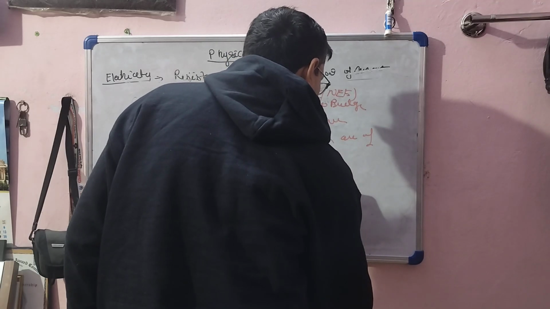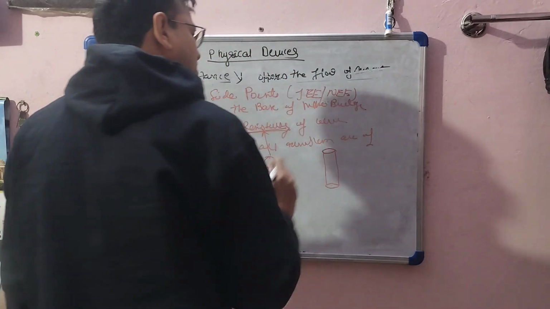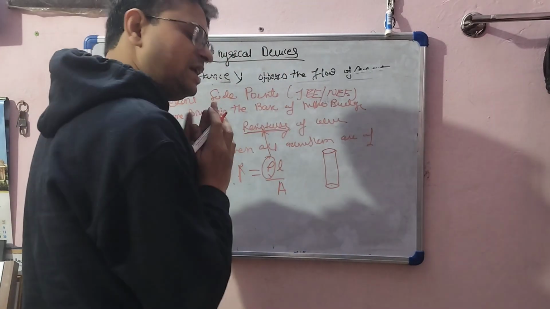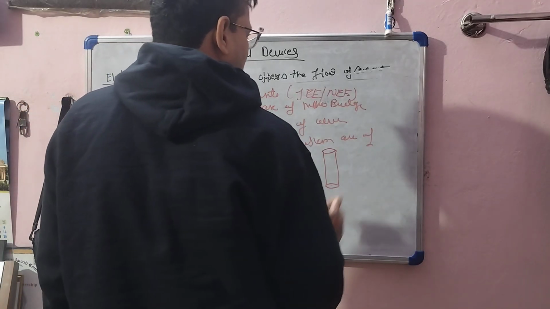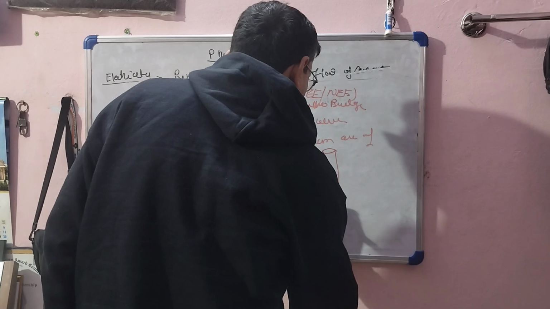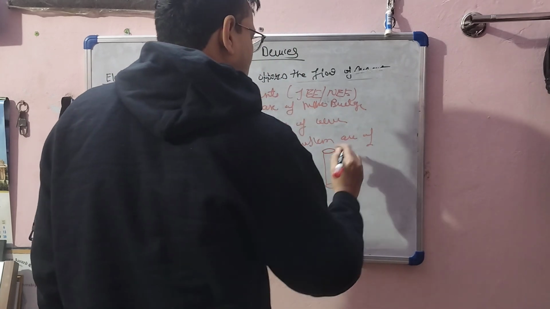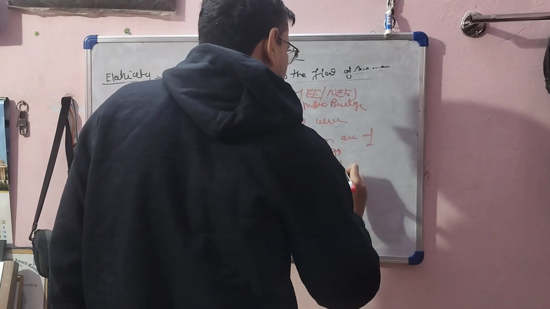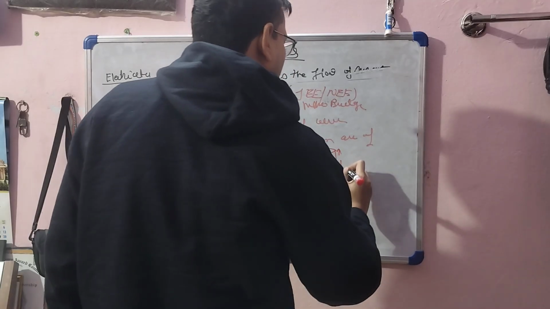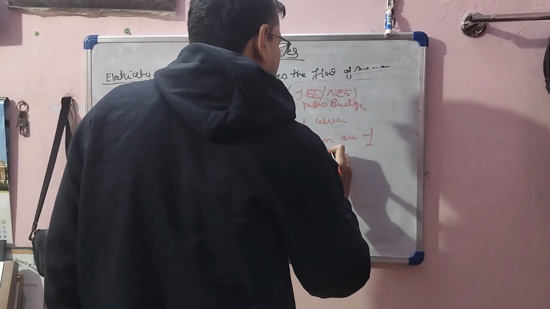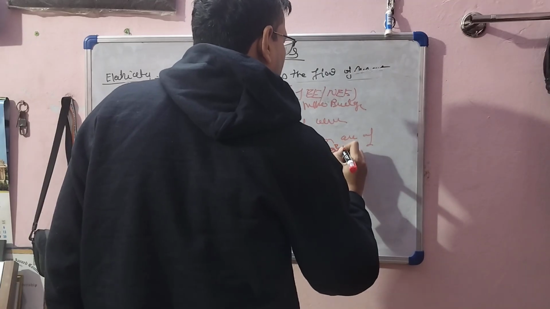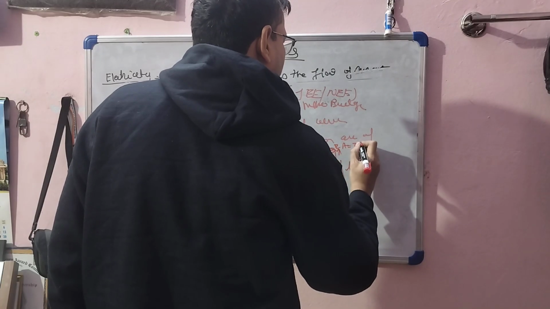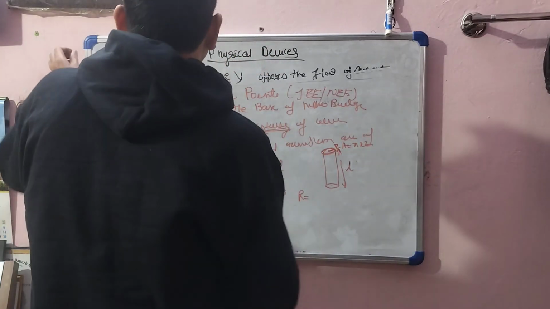Say there is a cylindrical resistance, the wire is also cylindrical. A equal to pi r square.